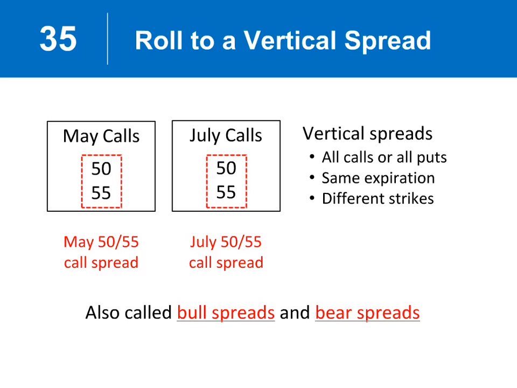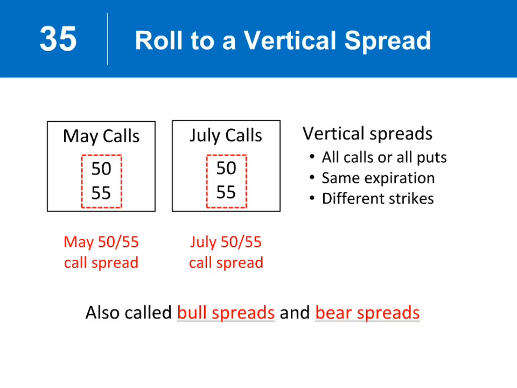So really straightforward, gets back to the opinion of the underlying, your timing on the movement of the underlying, and then what type of debit or credit you want to have for this particular spread. So, if we thought that the stock was going to be stronger than our initial opinion, we could just roll into this vertical spread, depending whether it's a May or July in our particular example.